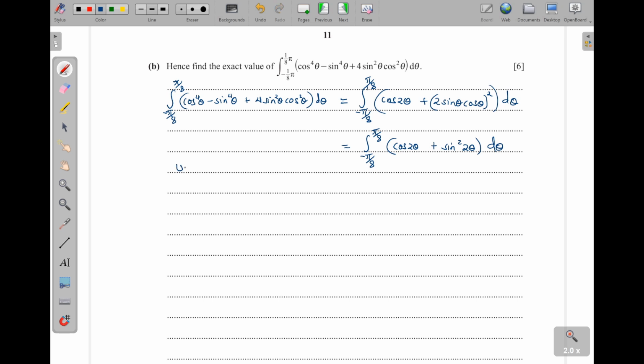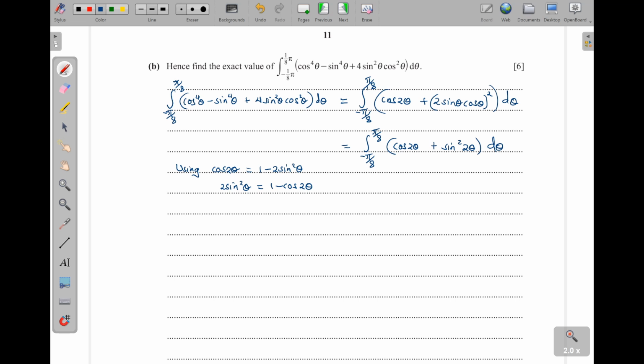The double angle for cosine says that cos of 2 theta is equal to 1 minus 2 sine squared of theta. If I make sine squared theta the subject of the formula, it is positive, so 2 sine squared theta is equal to 1 minus cos 2 theta.